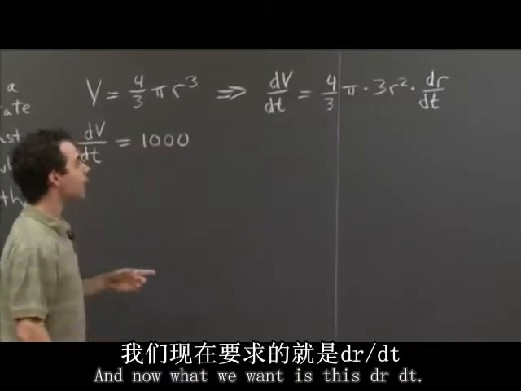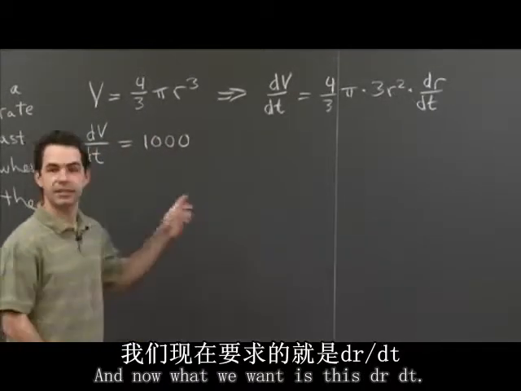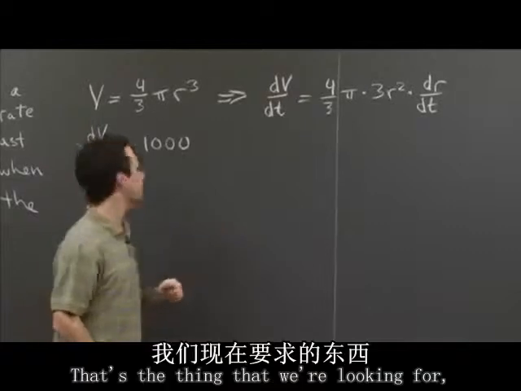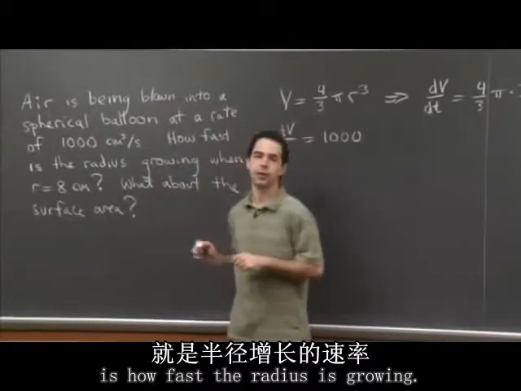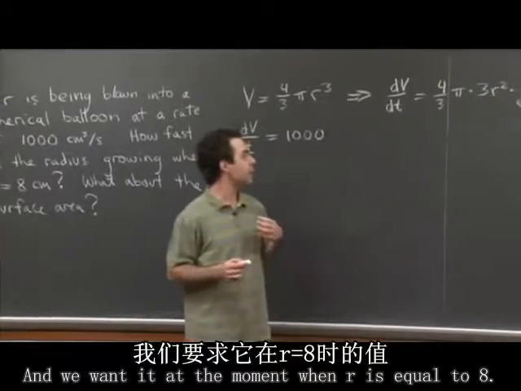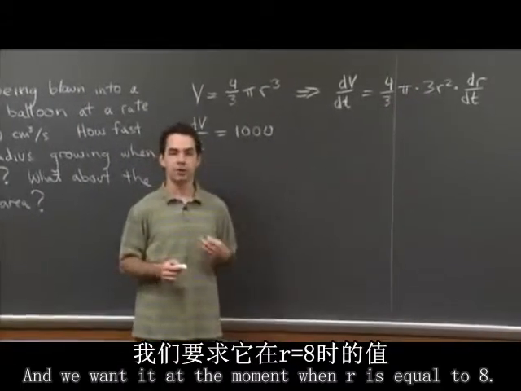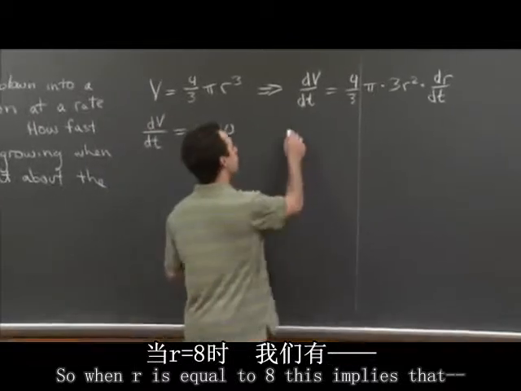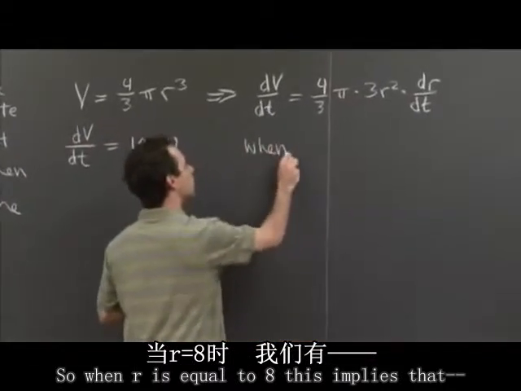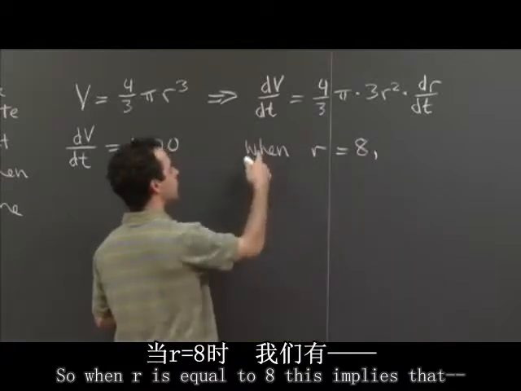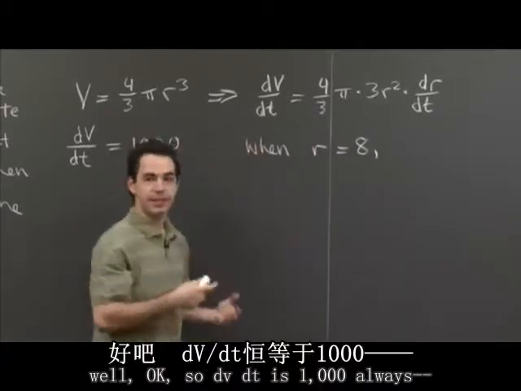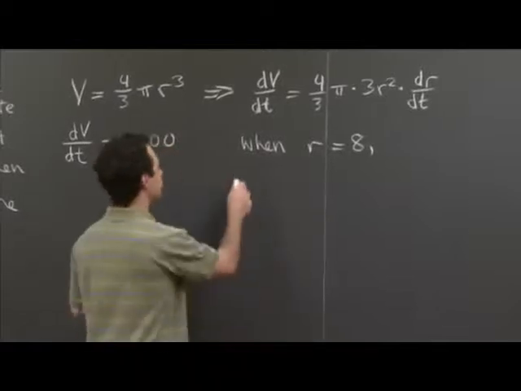Now what we want is this dr/dt, the thing we're looking for, how fast the radius is growing, at the moment when r is equal to 8. When r is equal to 8, dV/dt is 1,000 always.